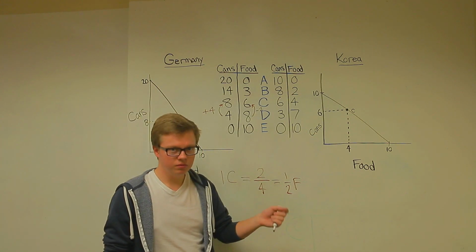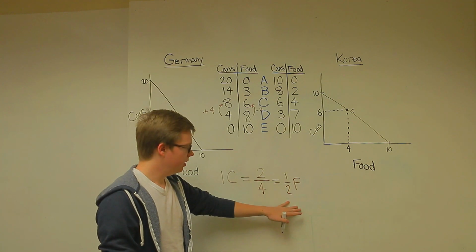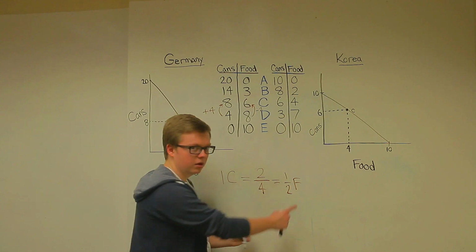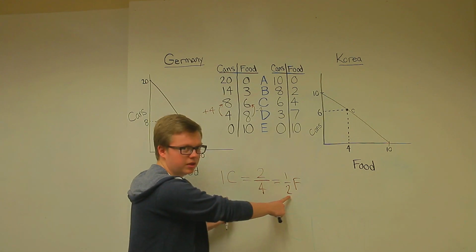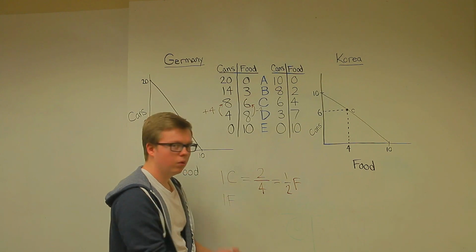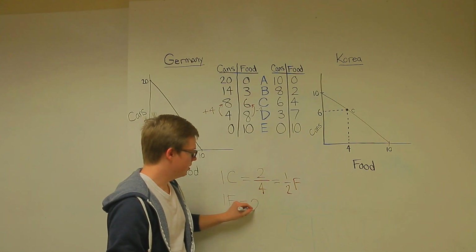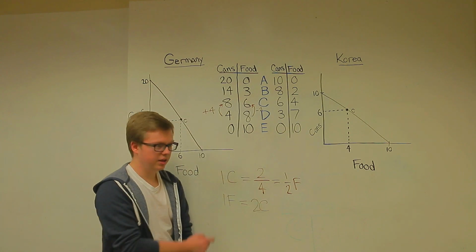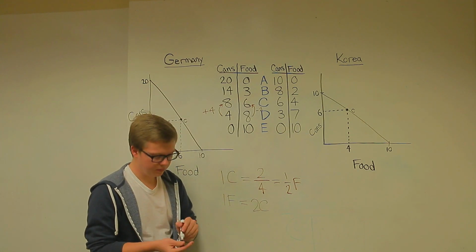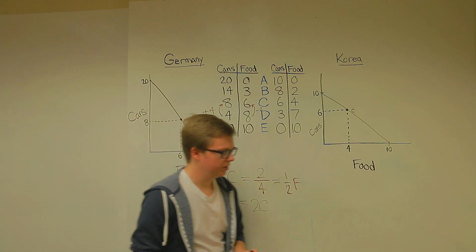So then, still looking at Germany, if you want to find the price of food, you use the same equation. You can just multiply both sides by 2. So you end up with 1 unit of food, multiplying this by 2, costs them 2 cans by multiplying this by 2.